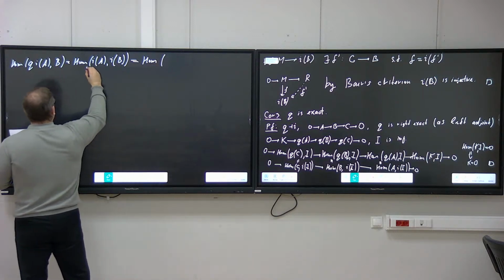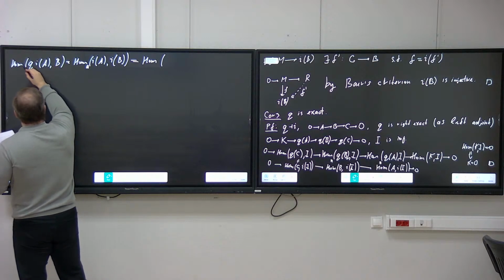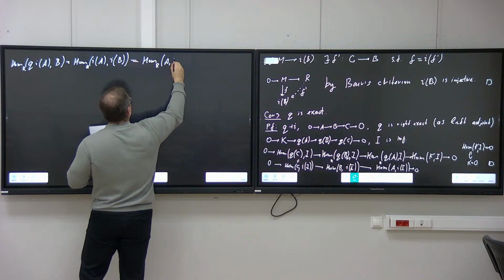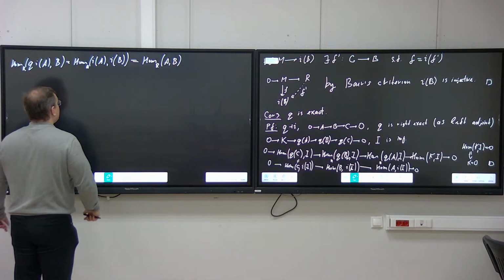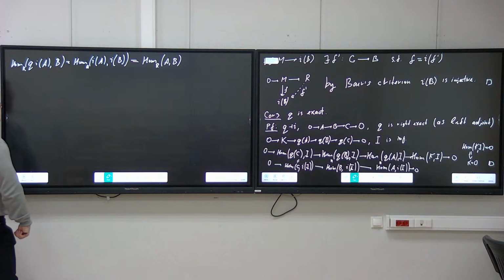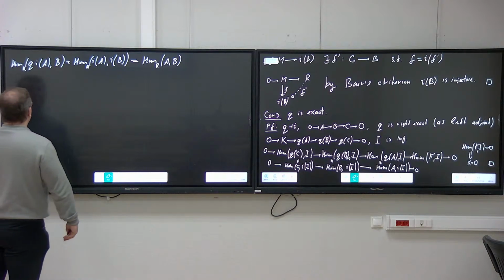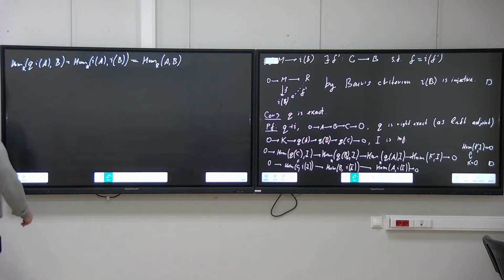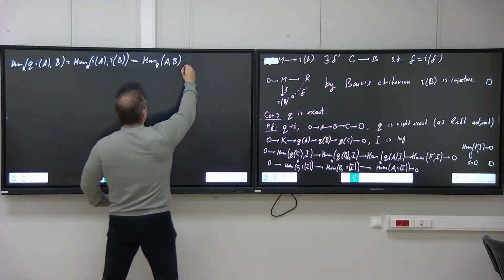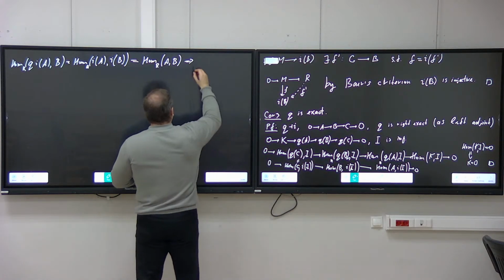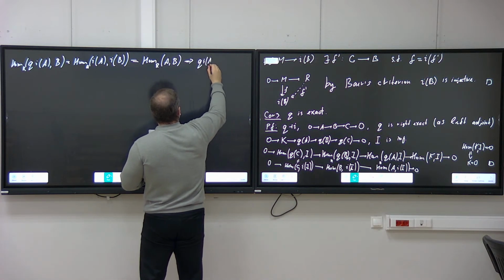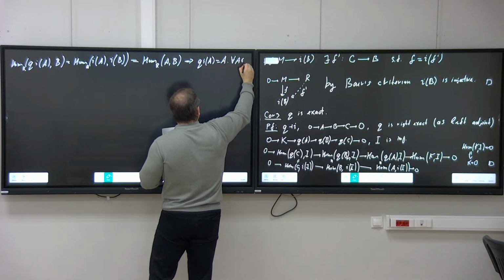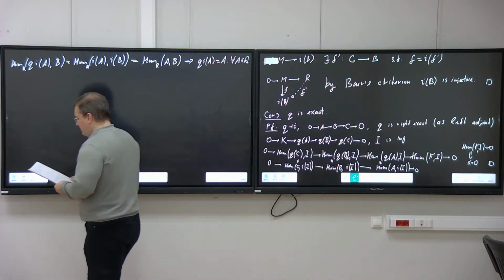So this was in the category A, this was in the R. Now this is Hom over R between A and B. Right, so last step is because of corollary one, I is fully faithful. But now we can apply the Yoneda lemma, right? So this is for any A and B. So applying the Yoneda lemma, we get the conclusion that the composition of the two functors Q and I of A is again A, and that is for any A in the Grothendieck category.